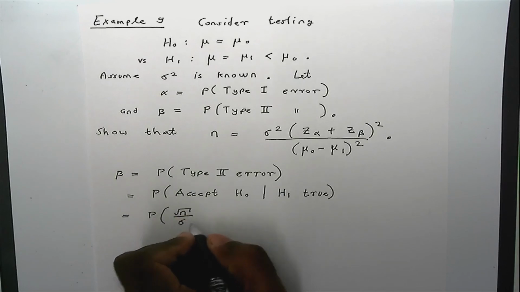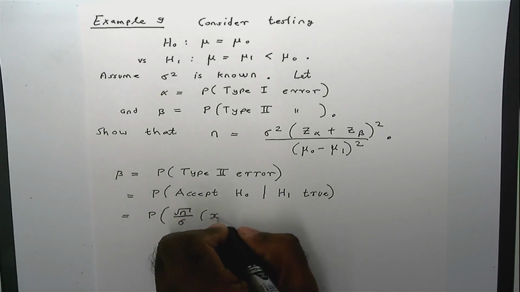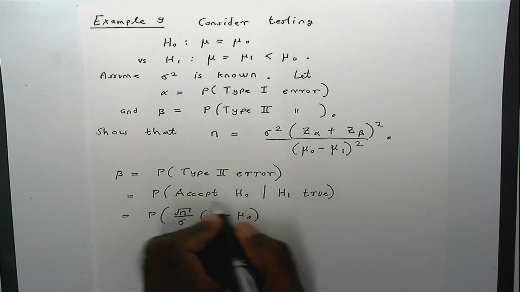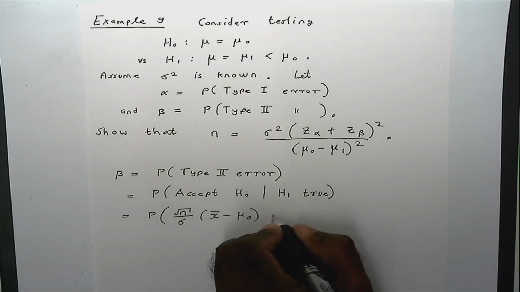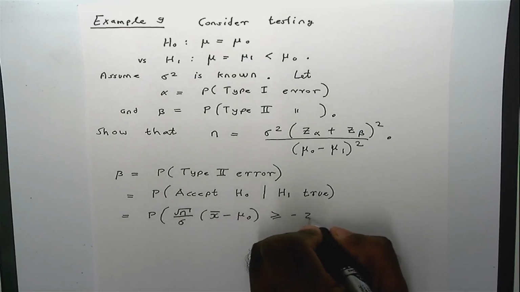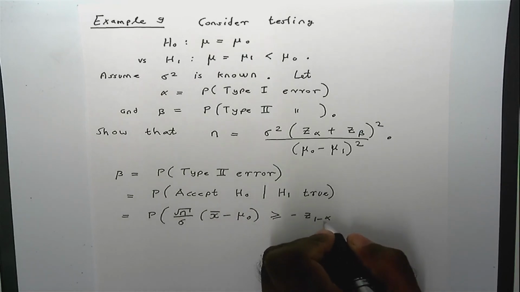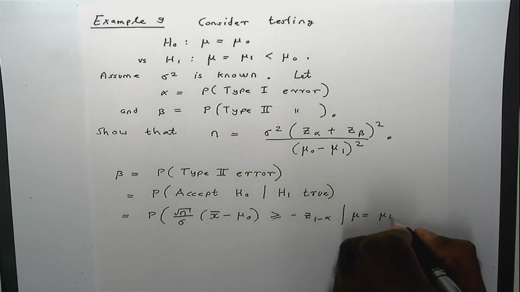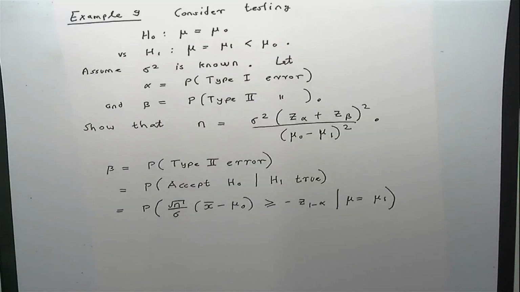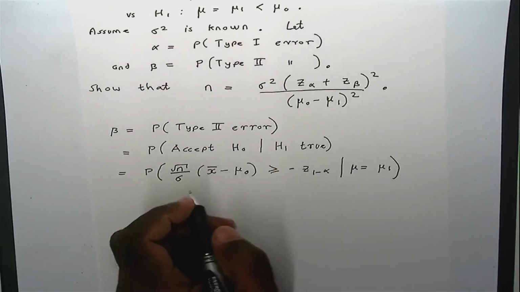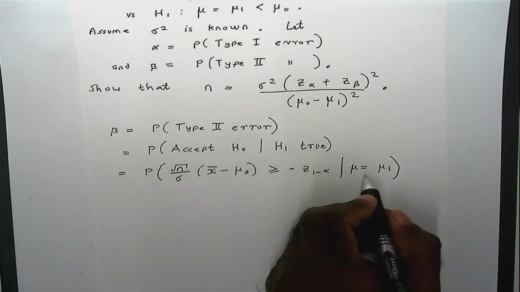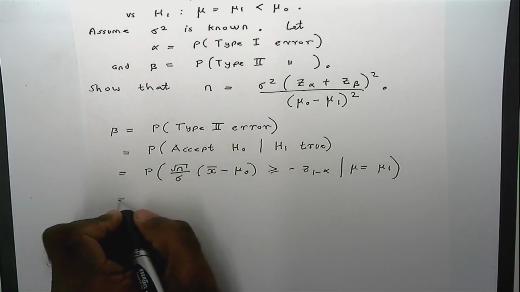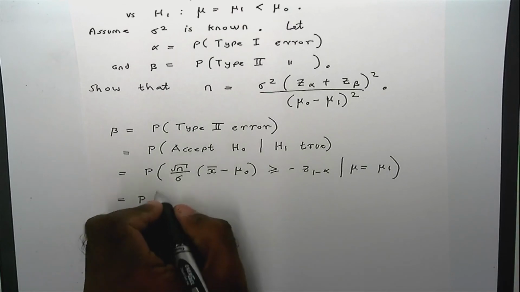So according to the standard test, the rule for accepting H0 is this. And H1 is that mu is equal to mu1. Okay. Now, I'm going to use the same trick. Because the true population mean is mu1 and not mu0, I'm going to rewrite this like I did before.